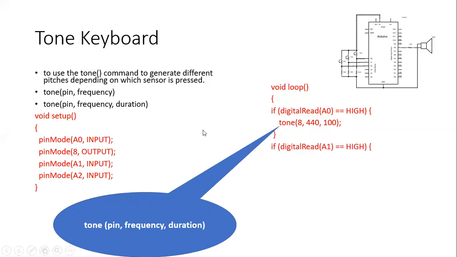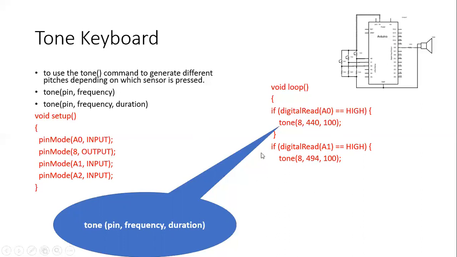Similarly, if the switch connected to A1 is pressed, and it is interpreted to be a digital HIGH value, then we can give another sound here, tone 494 frequency and 100 milliseconds.